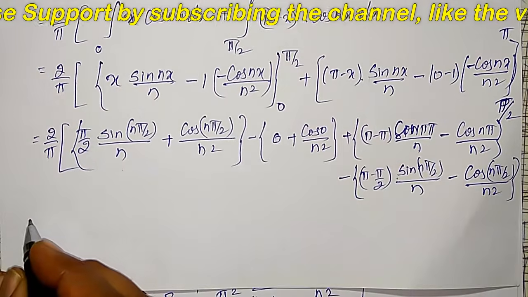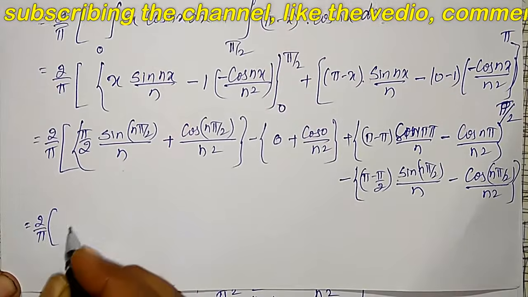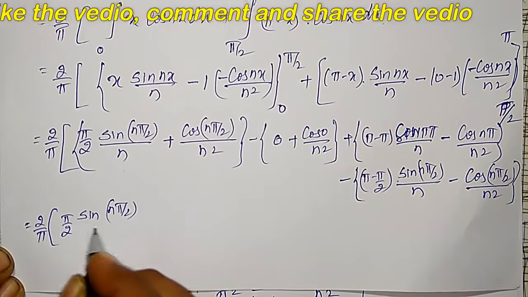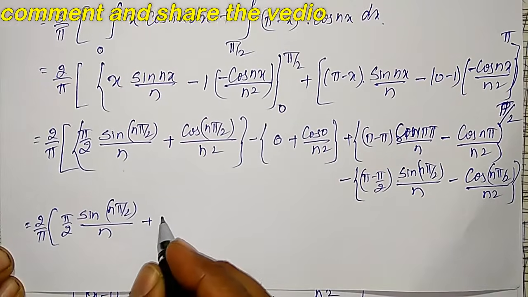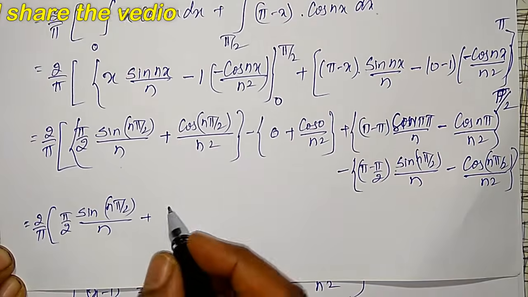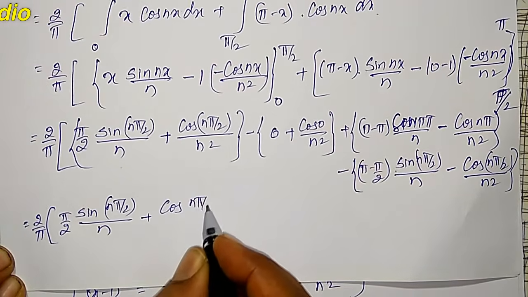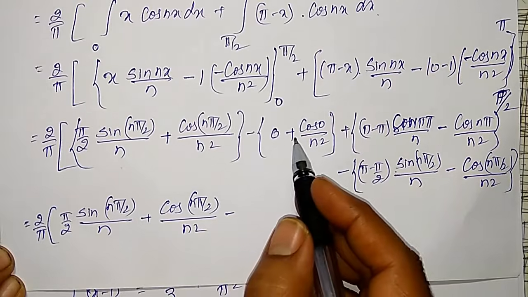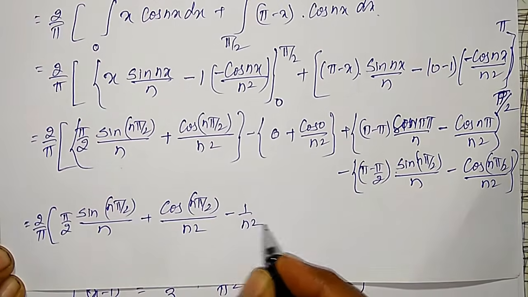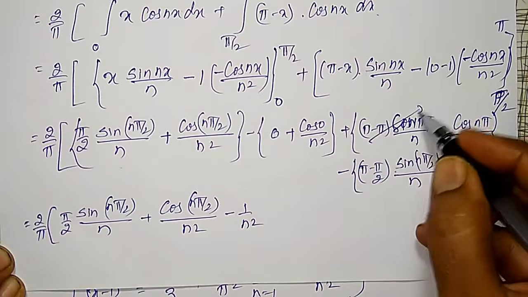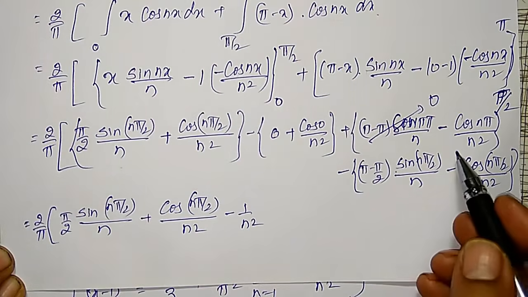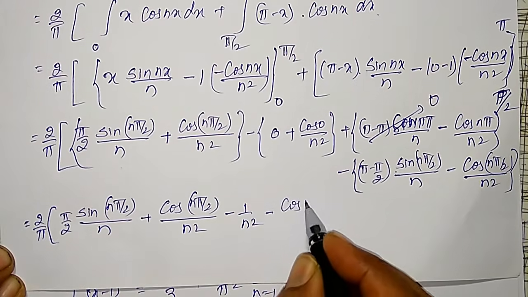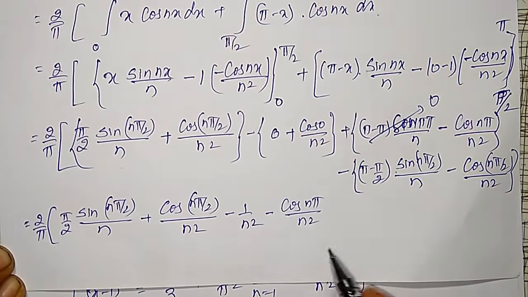Next, simplify this. I am going to get 2 by pi into pi by 2 into sin n pi by 2 divided by n. This term I will write as it is, because cos n pi and sin n pi alternately change. That is cos of n pi by 2 divided by n square, minus cos 0, which is 1, so minus 1 by n square, and pi minus pi, this term is totally 0, and next minus cos of n pi divided by n square, this term.